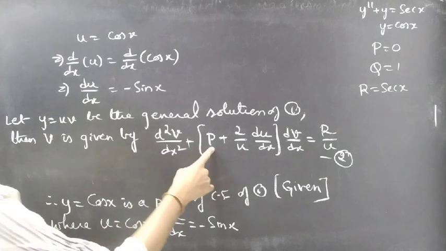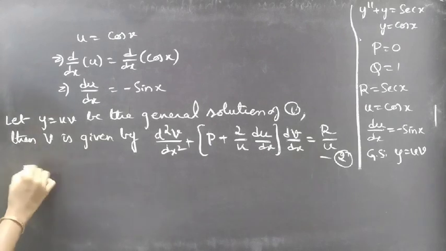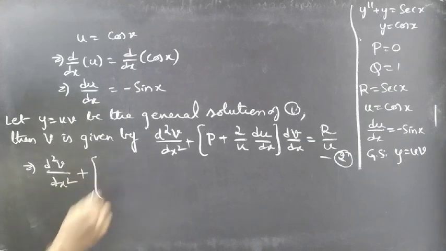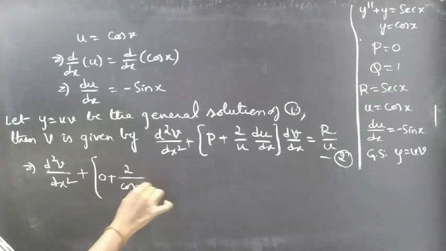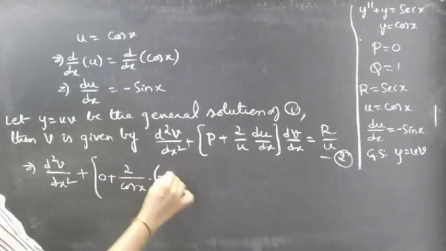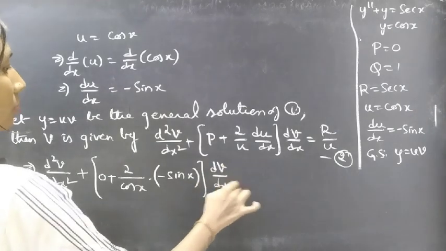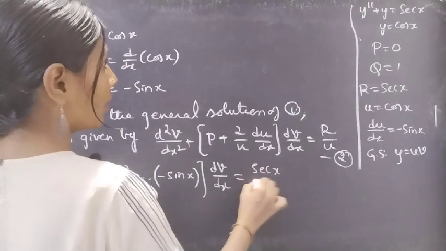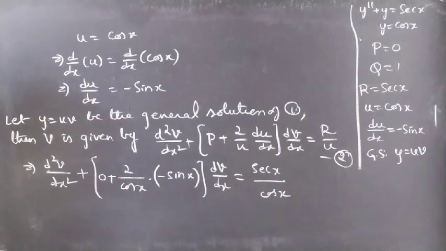Now substitute p, u, du by dx, r and u in this equation. This equation becomes d square v by dx square plus 0 plus 2 by u into the derivative of u with respect to x, which is minus sin x, into dv by dx equal to r, secant x, by u, cos x.